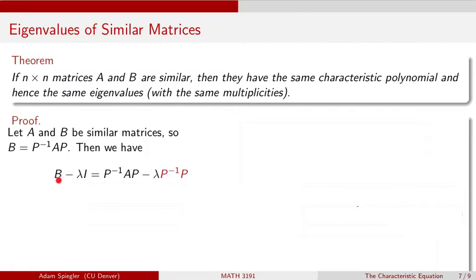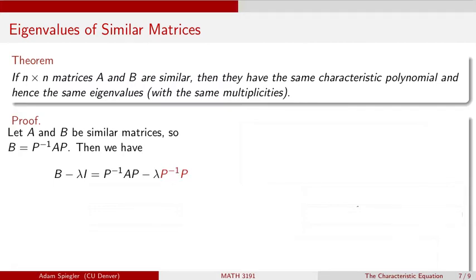So the matrix B minus lambda I, well, I can replace B with P inverse A P because we have assumed A and B are similar. So that means we can find a matrix P so that we can rewrite B as P inverse times A times P. And we can rewrite lambda times the identity matrix as lambda times P inverse times P, because if we take a product of the inverse of P times the matrix P, by definition, this gives us the identity matrix.